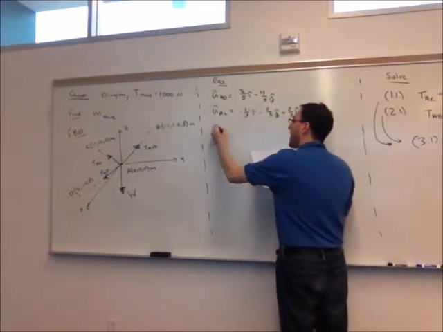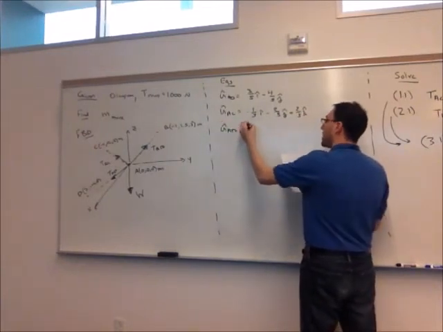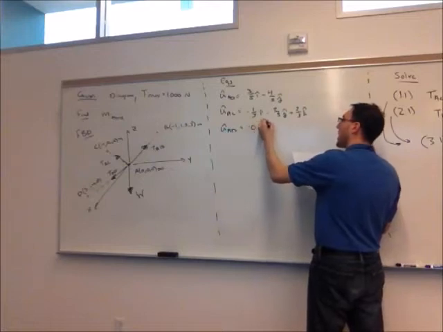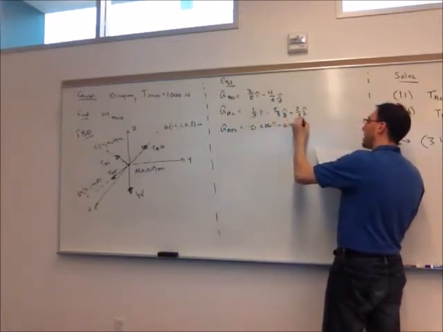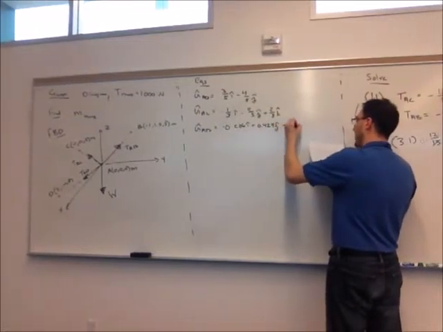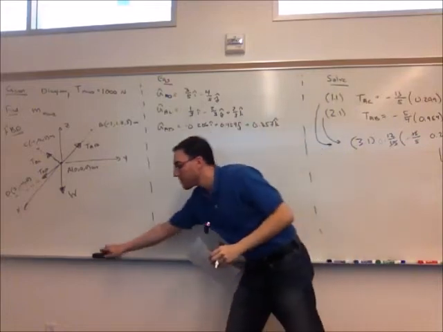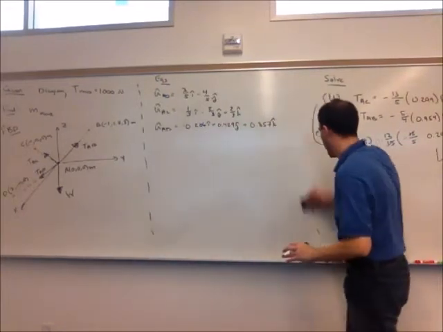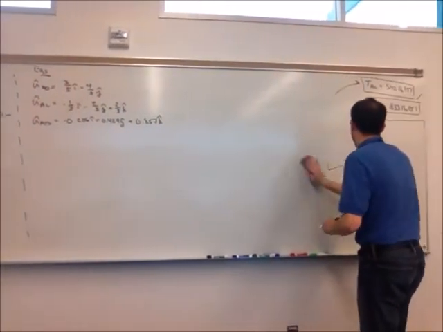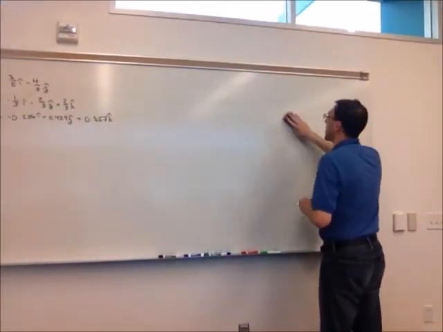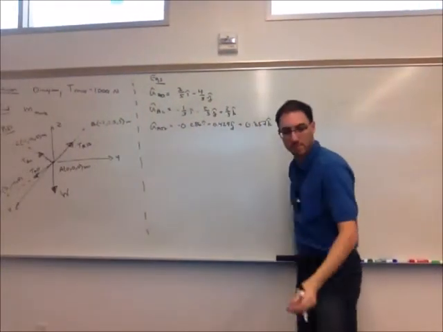And for the AB direction, we unfortunately get decimals for this one. Negative 0.286 i plus 0.429 j plus 0.857 k. Yes, 0.286 i.